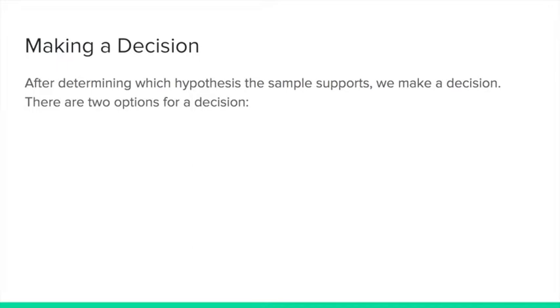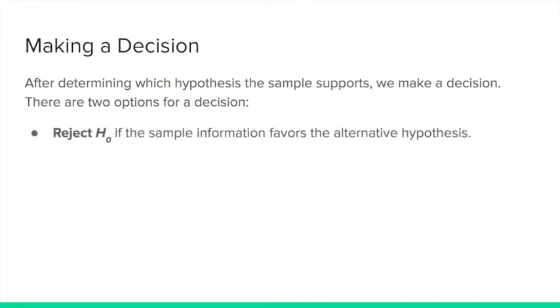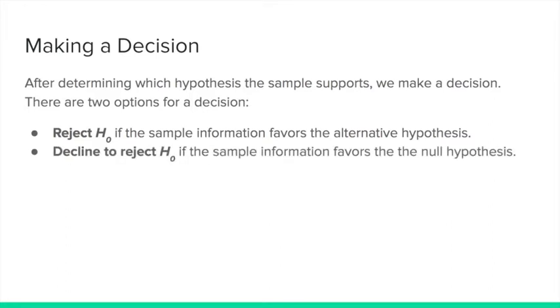So after we look at the sample and we do our math, we can either reject the null hypothesis or we can decline to reject the null hypothesis. Some authors would say fail to reject or simply do not reject, but it's always phrased in these terms. Okay, we either reject the null or we don't reject the null.